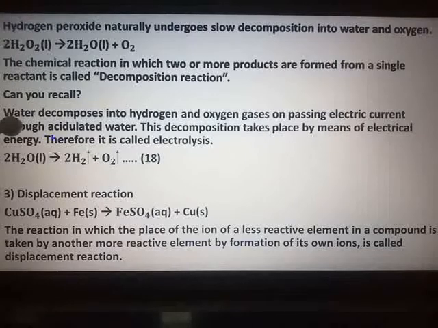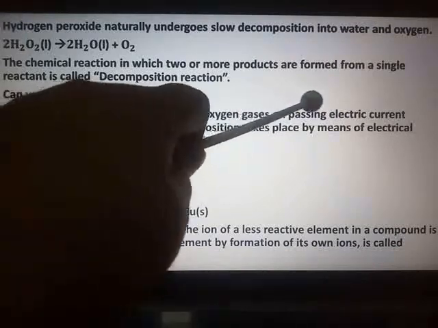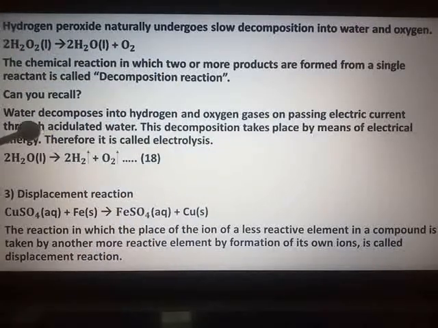We take up an example, then you will understand. Water decomposes into hydrogen and oxygen gases on passing electric current through acidulated water. That is water, H2O, will break down into hydrogen and oxygen when electric current is passed through acidulated water.